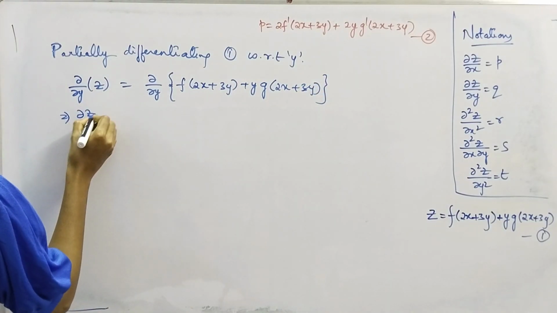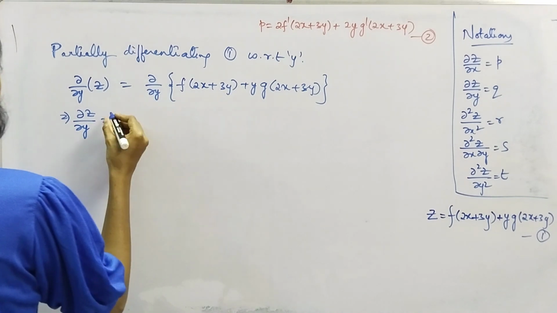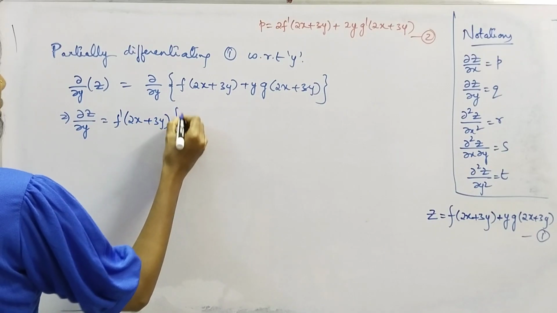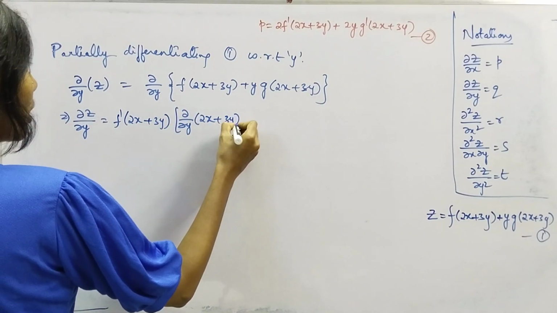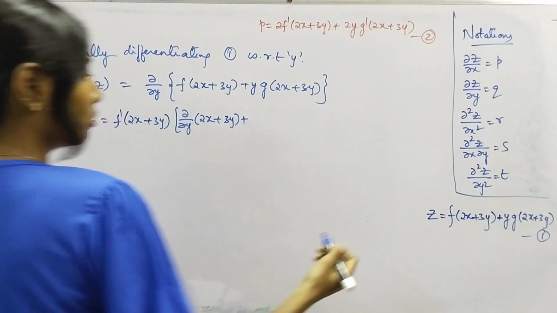This gives us dou z by dou y equal to partial derivative of f of 2x plus 3y with respect to y is f dash of 2x plus 3y into inner derivative, that is dou by dou y of 2x plus 3y, plus, here you have y and g of, right?